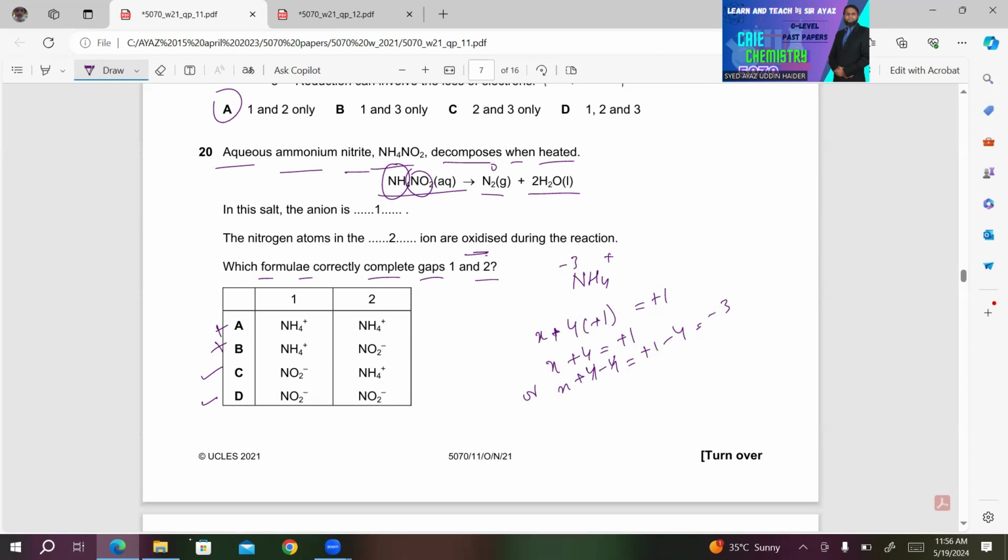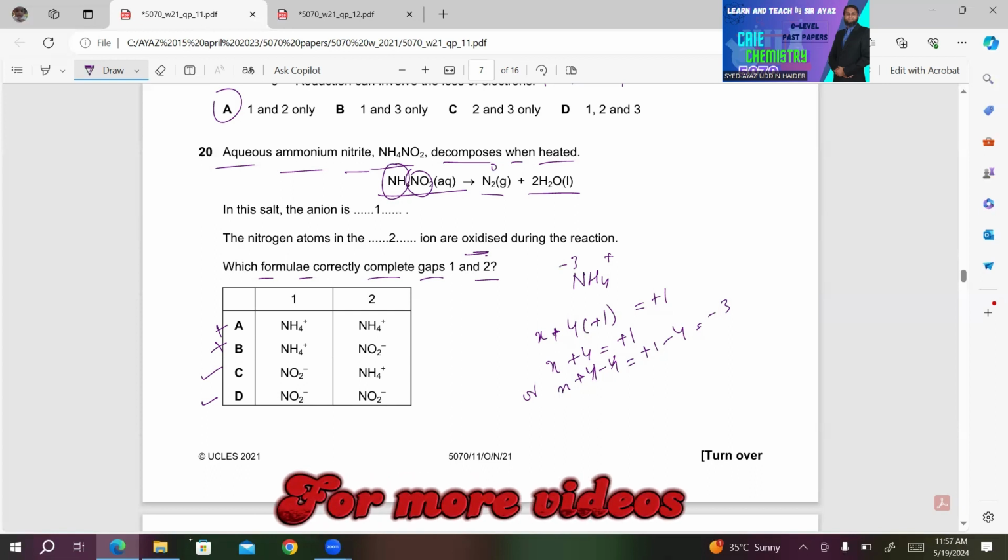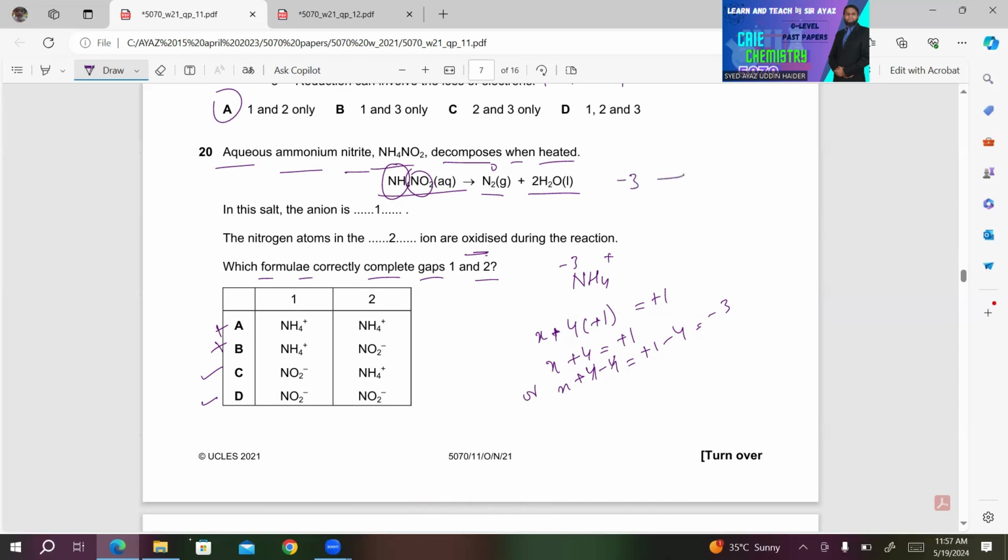There is no charge on it. -3 to 0 means an increase in oxidation number or state, which means it's oxidation. So C must be the right answer.